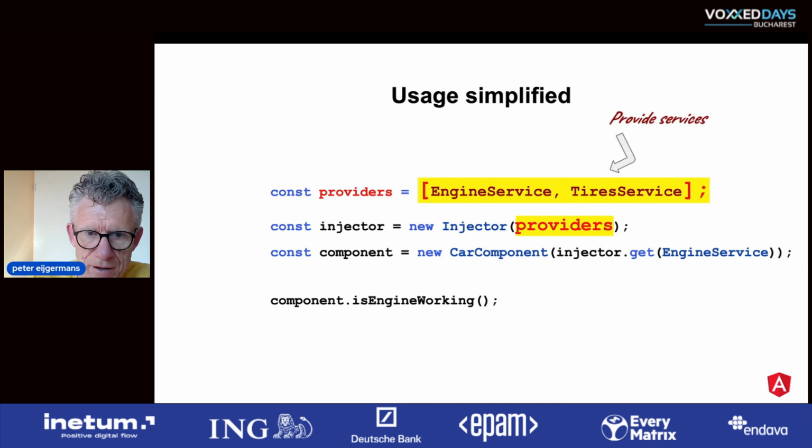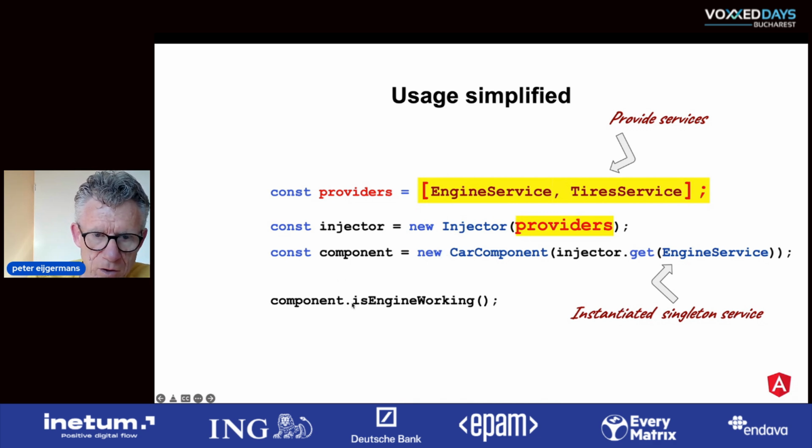So we provide services here, and via the injector get, we get the instantiated singleton service. So now we can call the method component is engine work.